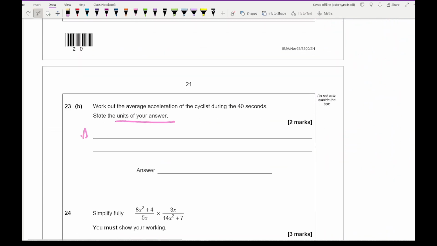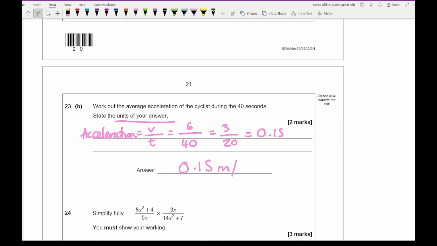So acceleration equals velocity over time, in which the total velocity was 6, the total time was 40 seconds, and so that then becomes 3 over 20, which becomes 0.15, and the units I want are meters per second squared, or you can say meters per second to the power of -2.